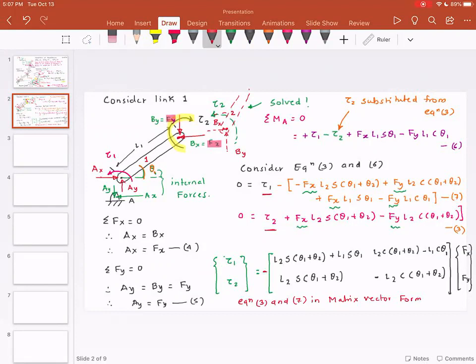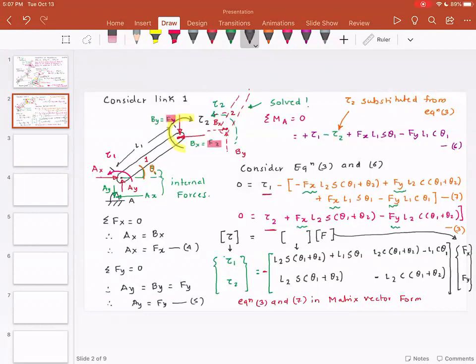So right now I have this equation, and this argument is super important: this equation relates tau, a matrix, and F. So this is tau, and then you have this matrix.